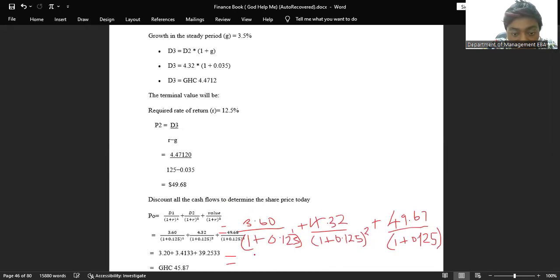So all this is giving us what? 3.20 plus all this is giving us 3.4133 plus all this is giving us 39.2533.